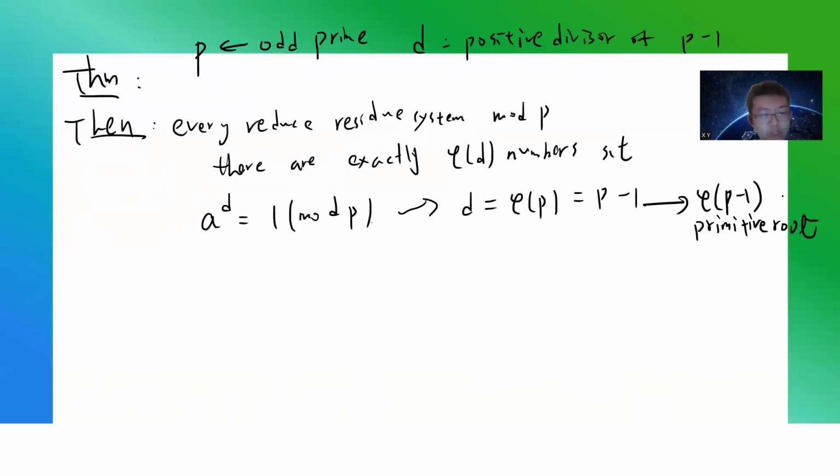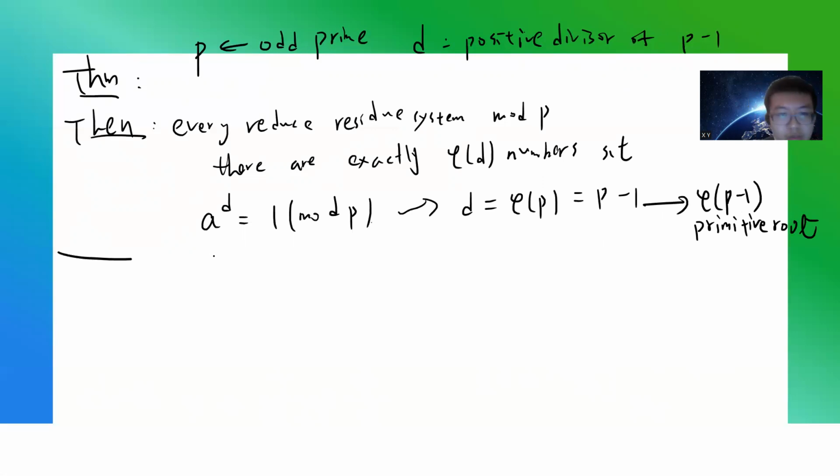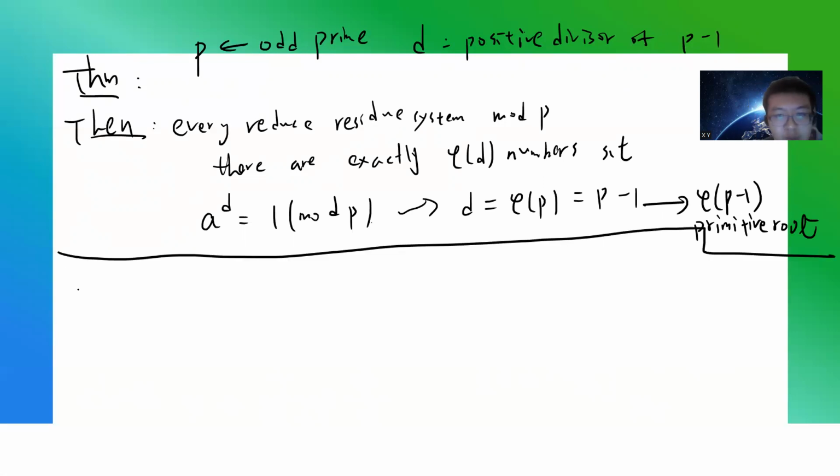Maybe it's hard to understand what is going on here, so let's do a simple example. I can choose p to be 7. Then phi(6) is the count of 1 and 5, so just 2. That means there are 2 primitive roots for 7.